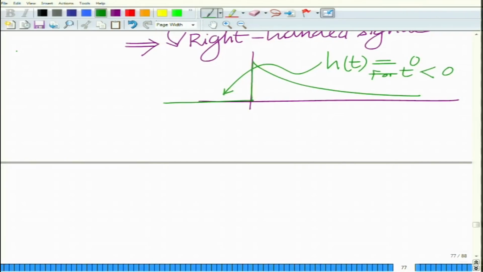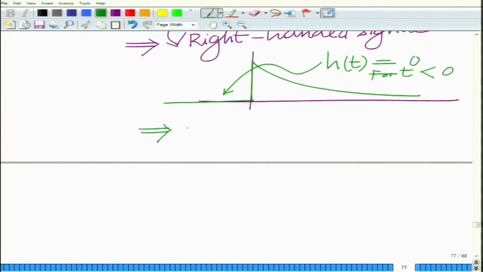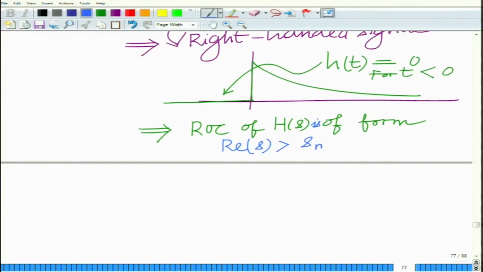Now, from the properties of the ROC, the Laplace transform H(s) must have an ROC of the form real part of s greater than sigma max.